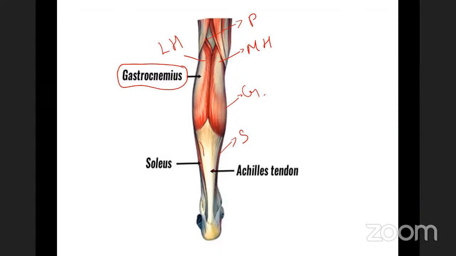Below it forms a tendon, called the Achilles tendon, which is inserted into the middle 1/3 of the posterior aspect of the calcaneum. This is the MCQ question, students. So triceps surae means what muscles?